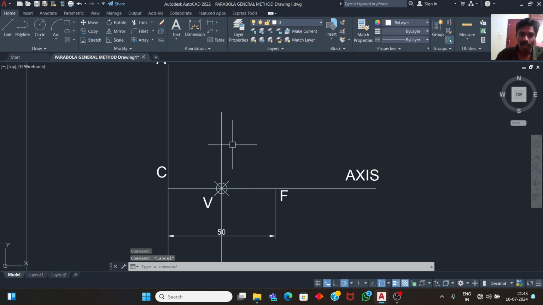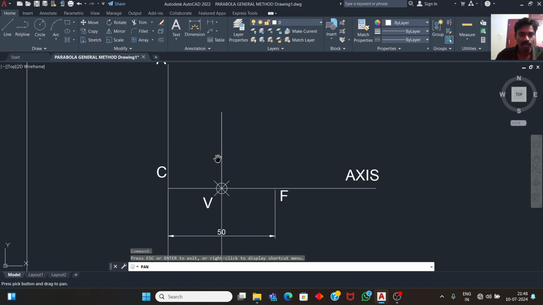This vertical line, I am going to offset with a certain distance. The distance may be our choice. We can offset this line with 10 mm or 20 mm or 30 mm. So now I am going to offset this line with 10 mm of distance.